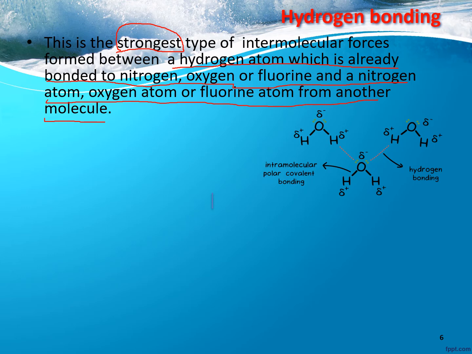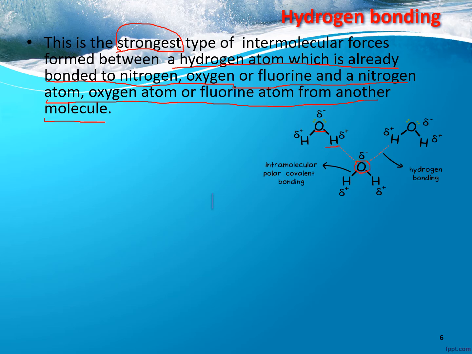Here we have a hydrogen atom, and our hydrogen atom is already connected to oxygen. So because this hydrogen atom is already connected to the oxygen atom, it can undergo hydrogen bonding with another oxygen atom.